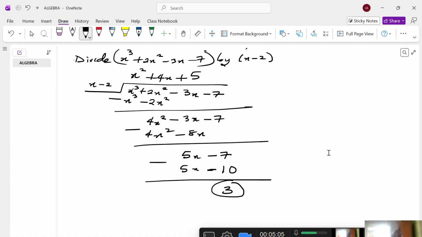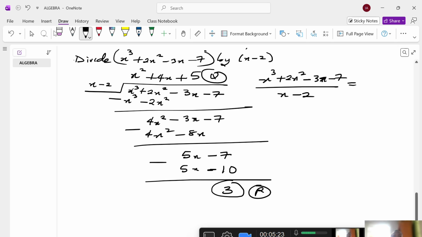That implies that when you divide x cubed plus 2x squared minus 3x minus 7 over x minus 2, this is the quotient and this is the remainder.